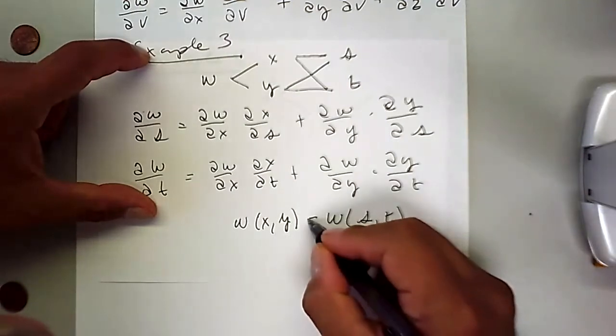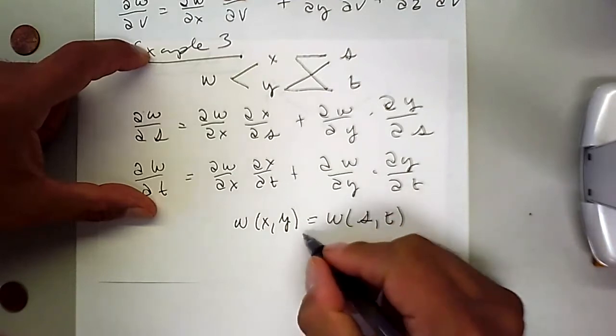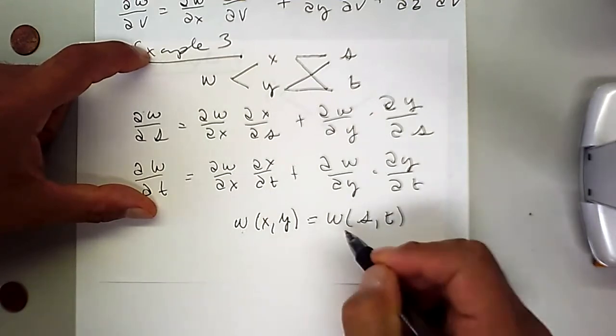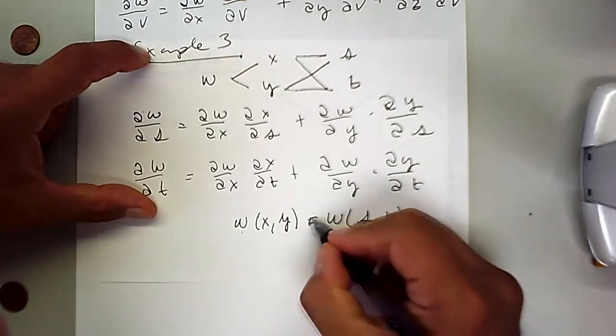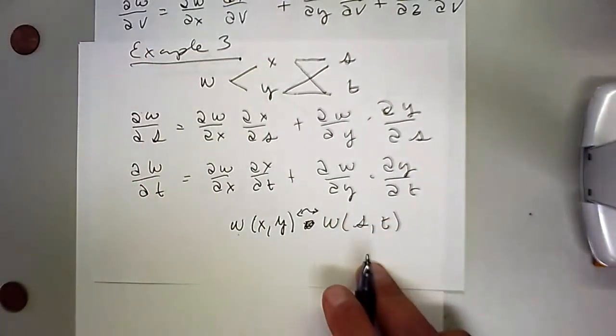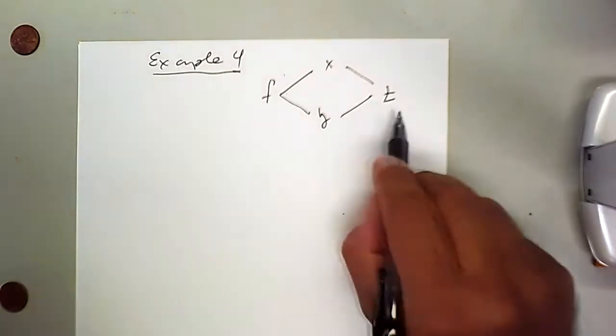It's the function that is W, not the formula necessarily. Let's just put a connector like this. So those two are connected. So this function is a function of T.